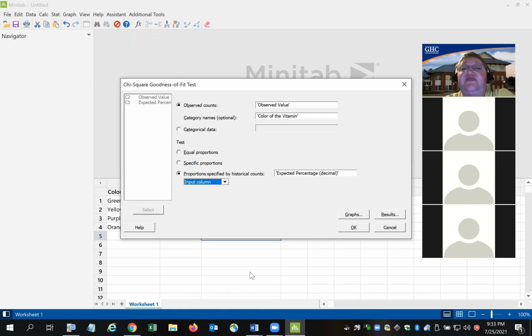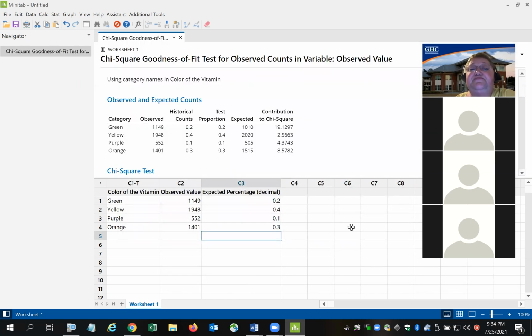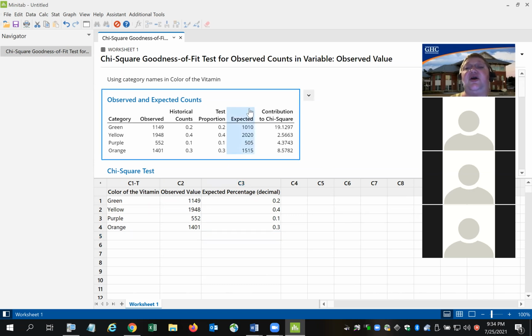Okay, so you select the observed value, which we have in column 2, the category name, which is in column 1, and then we use proportions specified by historical counts, and we enter the expected percentage column. And then I'm going to click OK. Now, should you be asked on the final, and in some cases you are, what the expected values are?